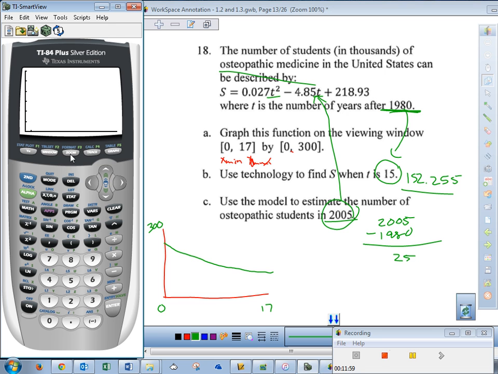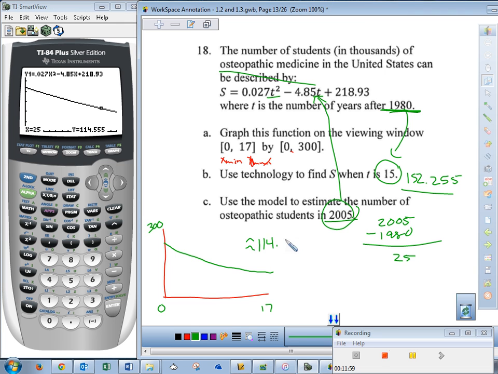So now I'll hit trace 25, and it'll tell me. So about 114.555 thousand, or what would make more sense is to write it like that.